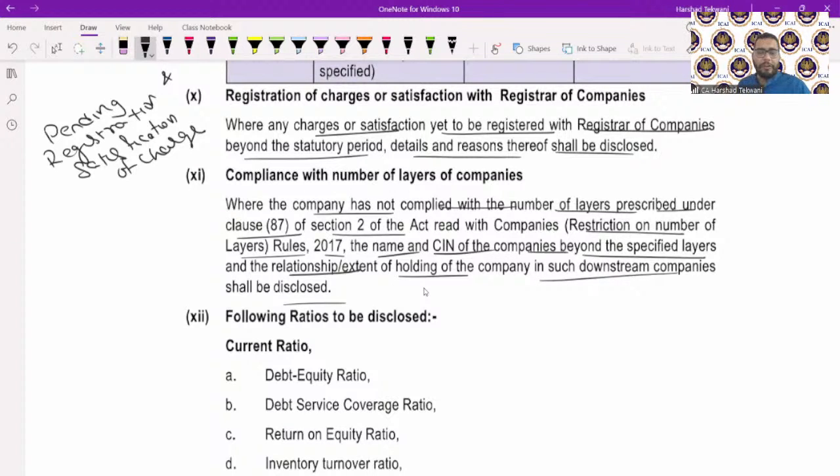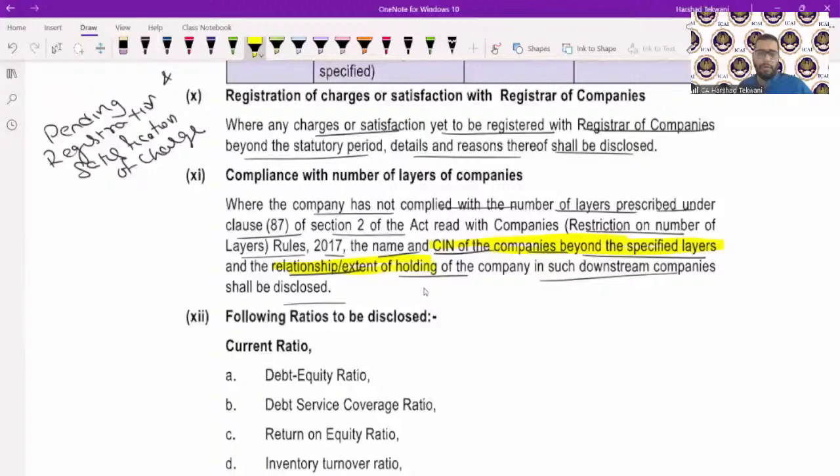First of all, I need to provide the name and the SIN number of those companies which are exceeding the specified layer. Number 2, what I'm required to provide is how much of the holding is there and what is the relationship. So 2 things: the SIN and name of companies beyond the specified layer, and the relationship and extent of holding in those companies.